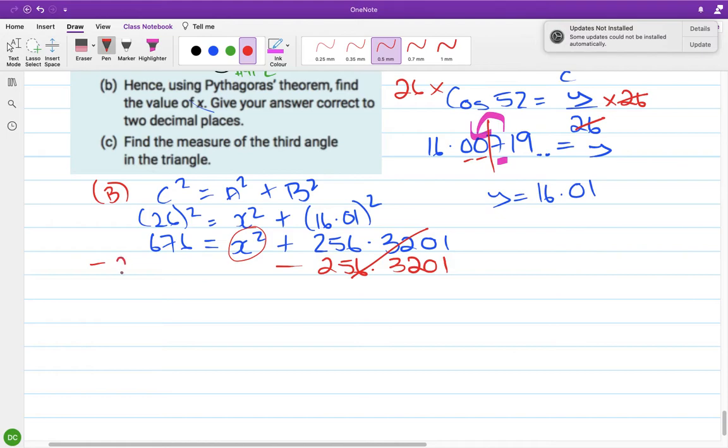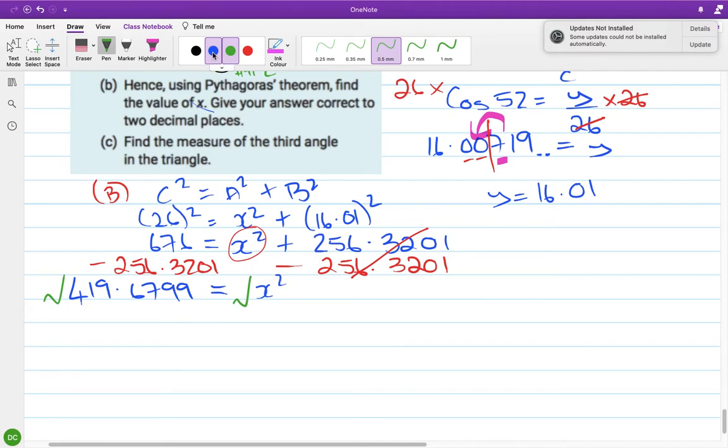If you minus that on the right, you have to minus that on the left. x squared equals 676 minus your answer, which is 419.6799, and then we square root, so we get x equals the square root of my answer, which is 20.4860.